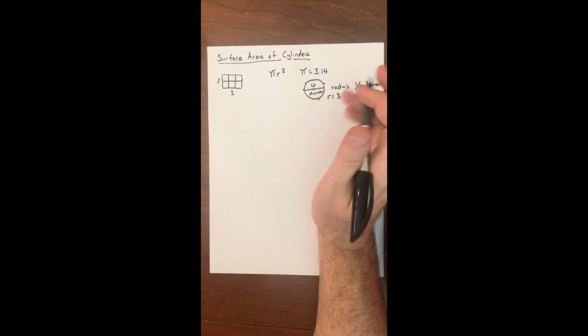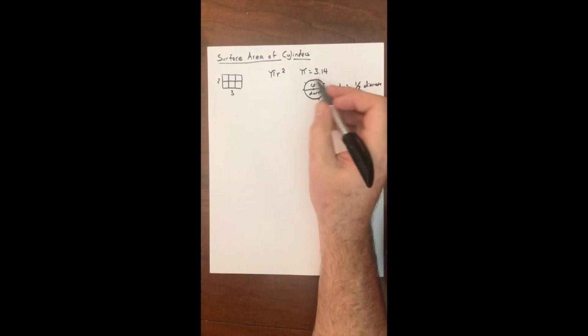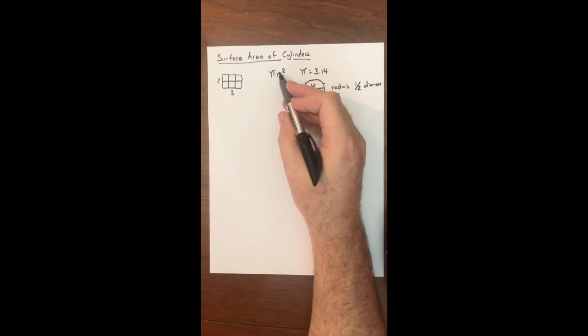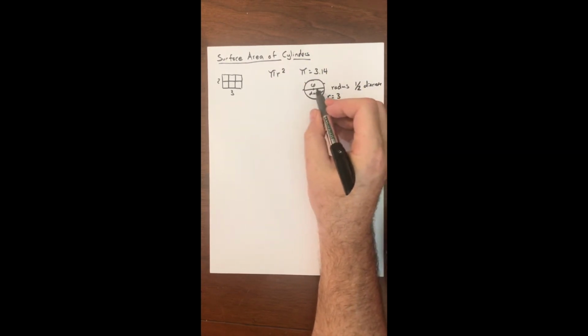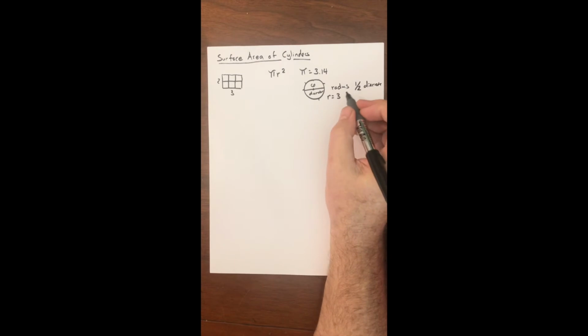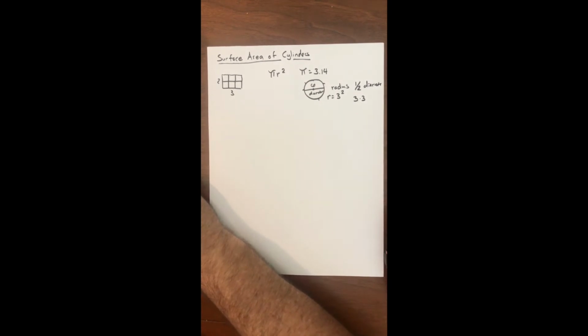So the way to find the area of a circle is you're going to take pi, you're going to take the radius halfway across the circle, and you're going to square it. Remember, squaring means you're taking this number and you're multiplying it by itself. So these are the things you needed to remember.